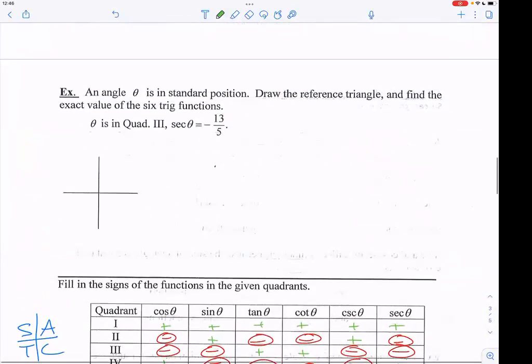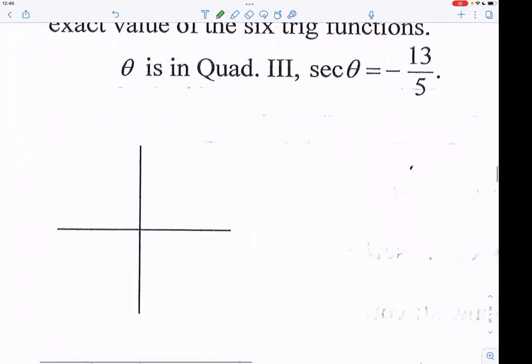All right, now we can move back to the top part because it's really the same thing. The theta is in quadrant 3, but instead of giving you a dot, now we're giving you a function. So we're saying that, hey, secant theta is negative 13 over 5. Why is secant negative?